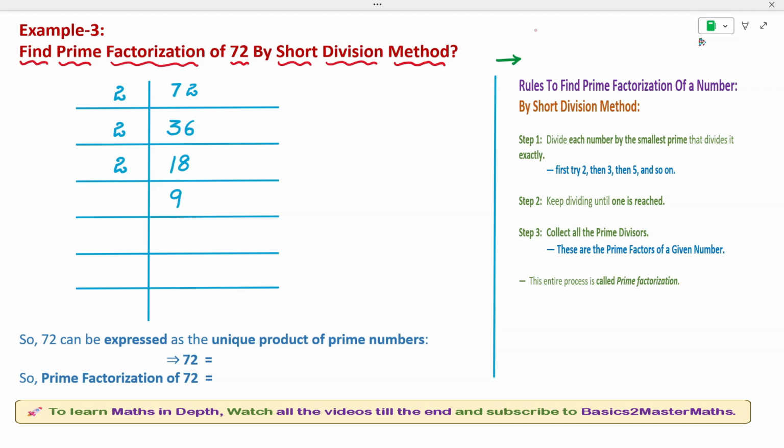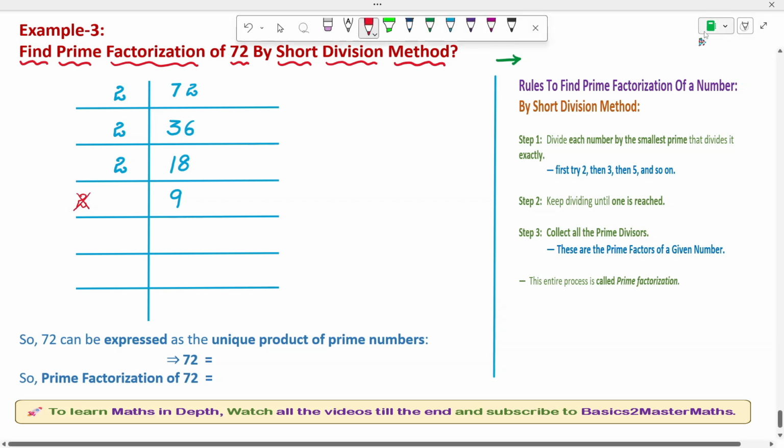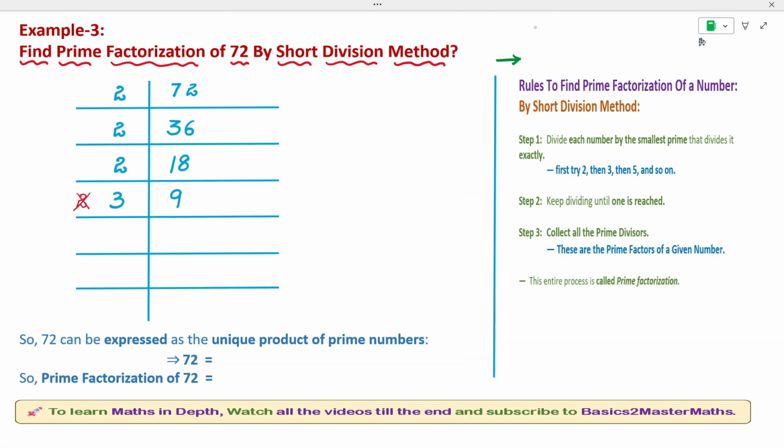Again, try dividing 9 by the smallest prime 2. Since 2 does not divide 9 exactly, move to the next smallest prime 3.